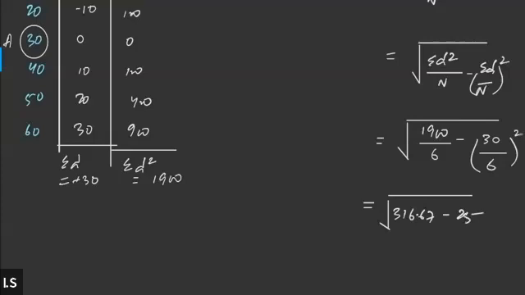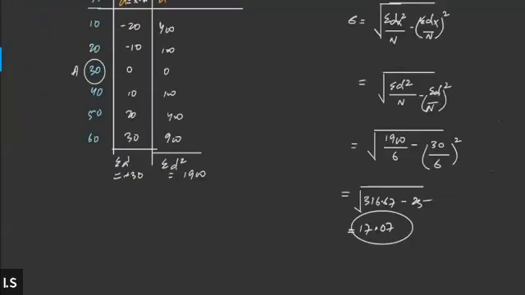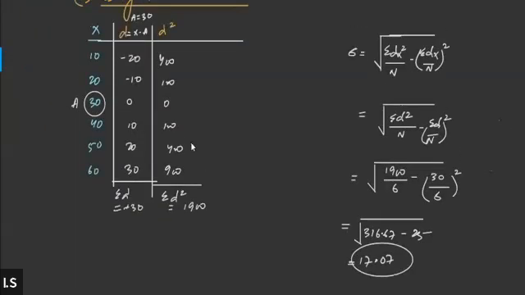Okay, so we will subtract 25. So it will be 291.66666. And finally we will take the under root of it. So 17.07 will be the answer. 17.07 is the answer. Tell me, Alexander, is this clear to you?